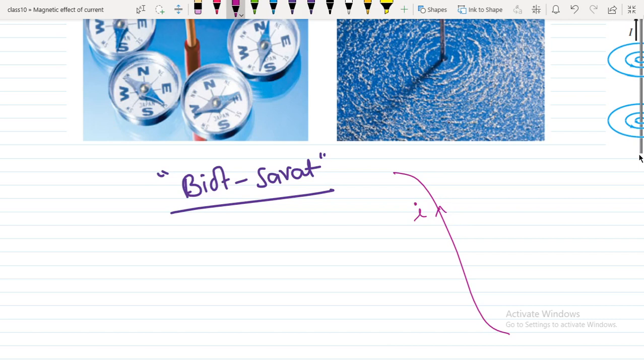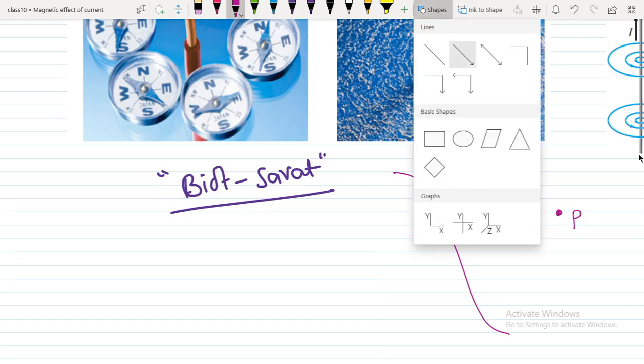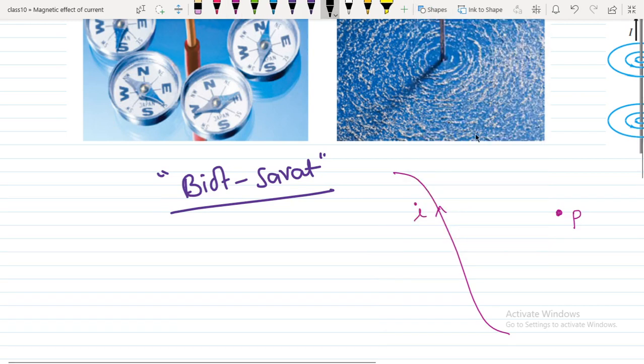And I would like to find the magnetic field at point P, which is at a distance of r from the current carrying wire. This is the position vector r bar to find the magnetic field at this particular point.